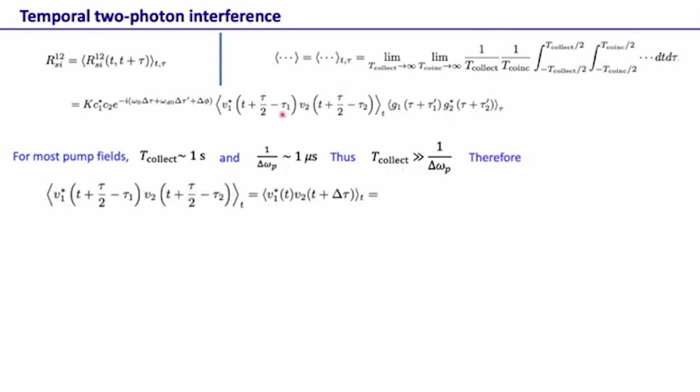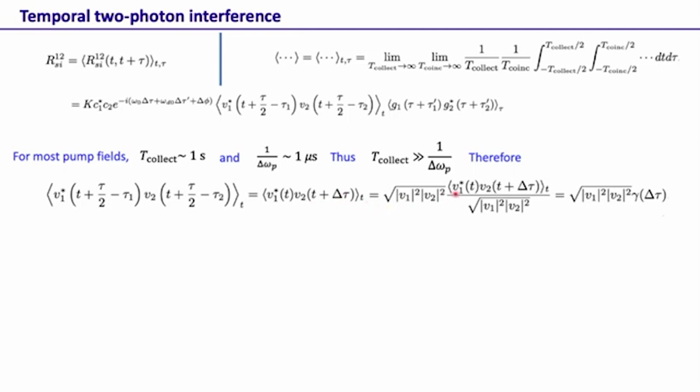As a result, this average will only depend on the difference of the two arguments. So this is V1 star of t times V2 of this quantity minus that quantity, which is essentially t plus delta tau, which is delta tau. That is time averaged over t.